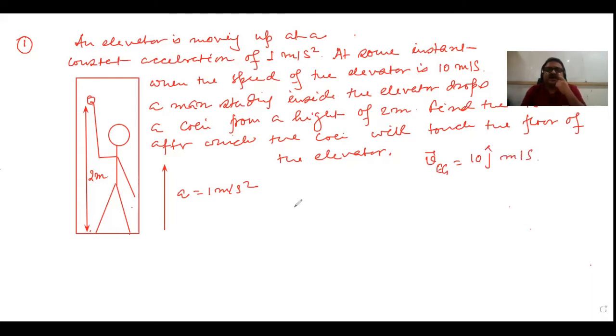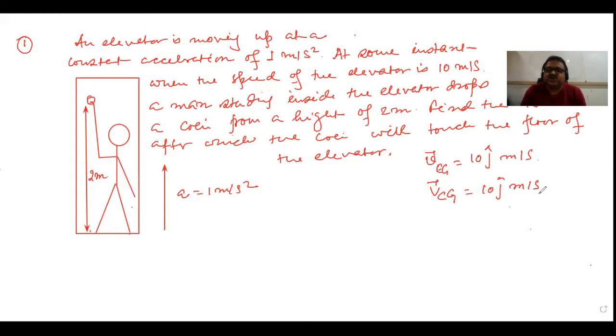Okay. A man standing inside the elevator drops a coin. So the moment the man drops the coin, it also has the same velocity as the elevator. So velocity of the coin with respect to the ground is also 10 j cap meter per second.